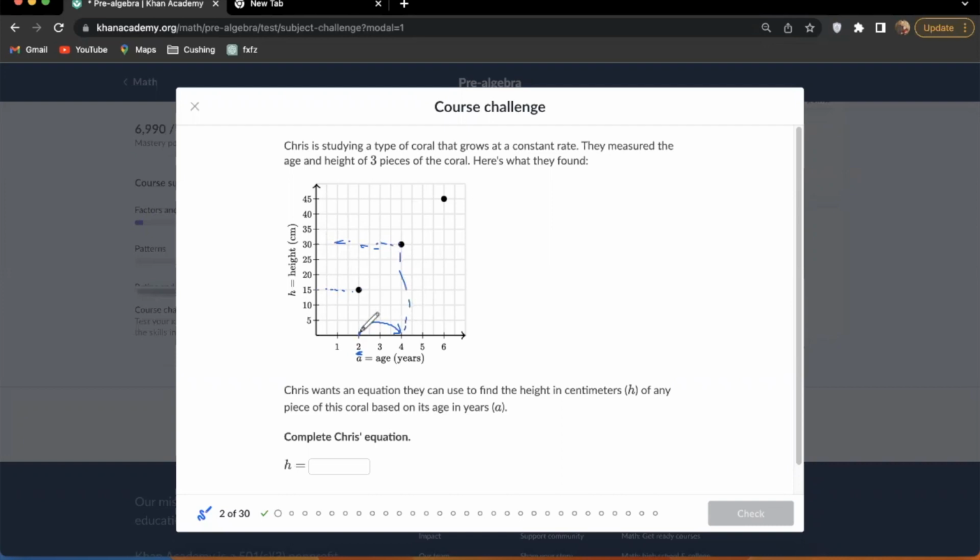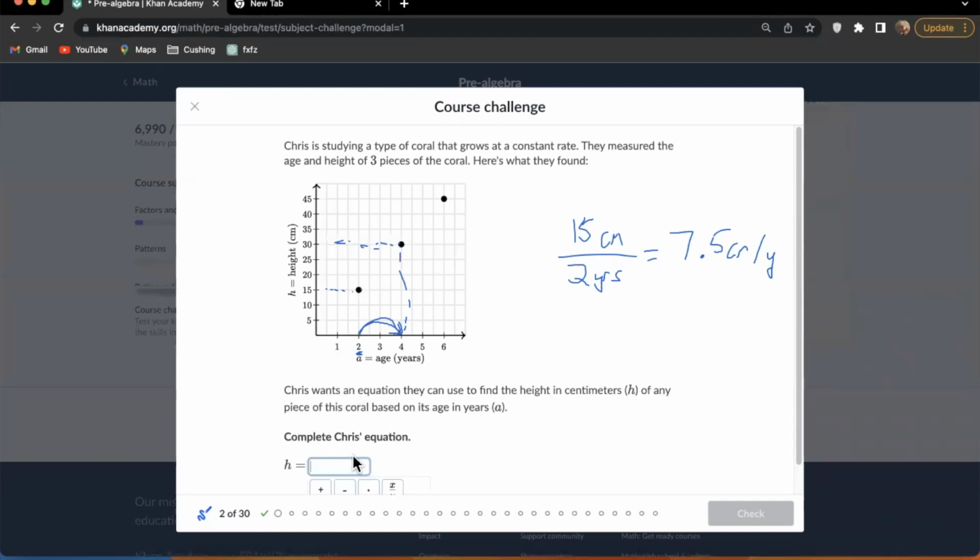So over a 2 year span, it grew 15 centimeters. If we take this in centimeters per year, it's going to be 7.5 centimeters per year. Take the centimeters divided by the number of years.